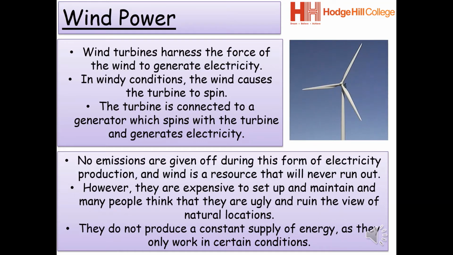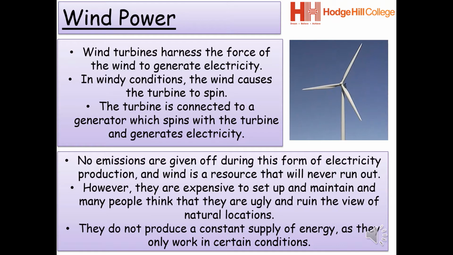So wind power uses a wind turbine to generate electricity from the wind. This turbine is connected to a generator which uses that energy and converts it into electrical energy, which we can use in our homes and in our factories. Now, one of the disadvantages of wind energy is that it can only produce a lot of electricity where there's a lot of wind.